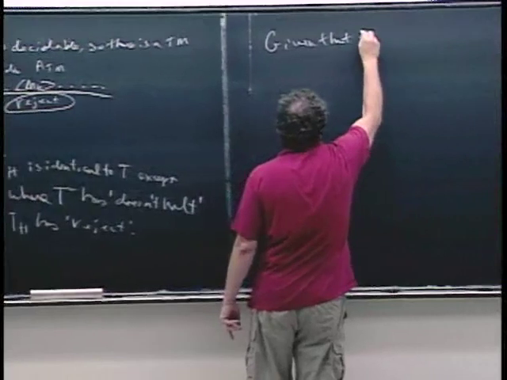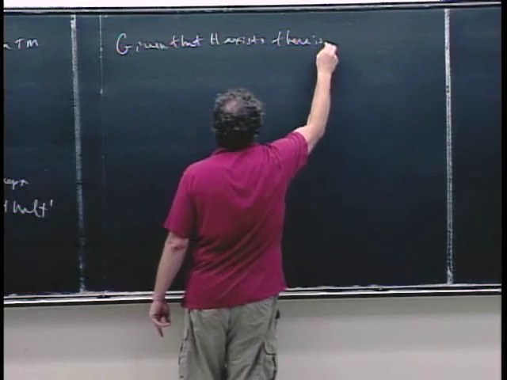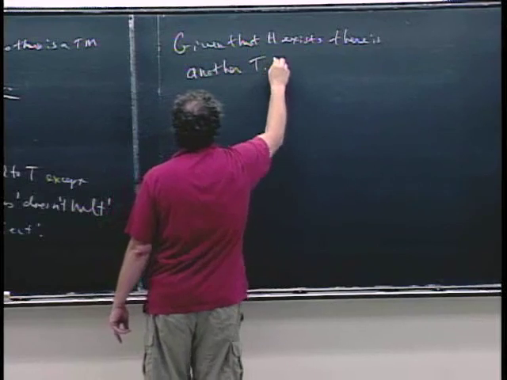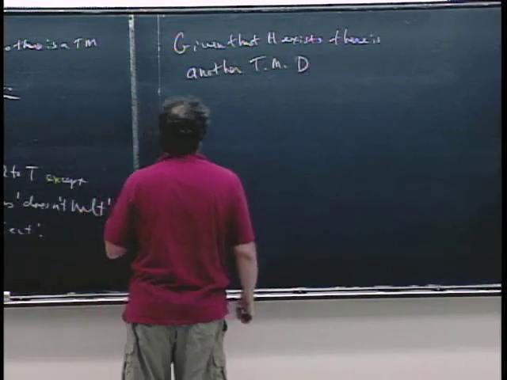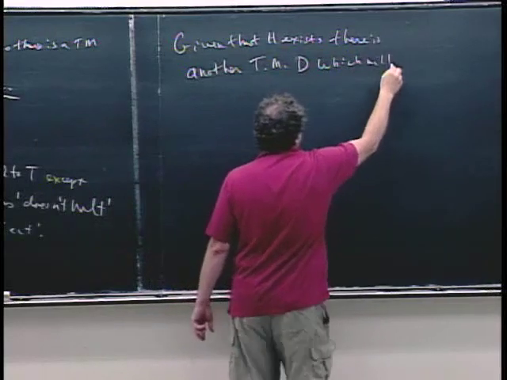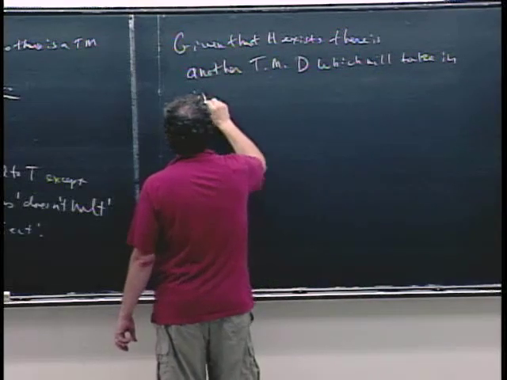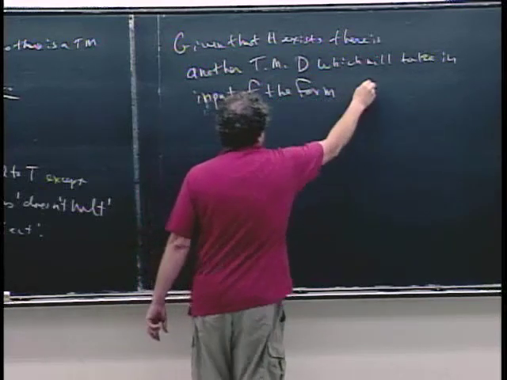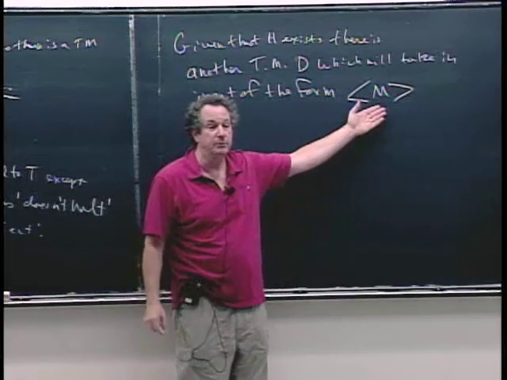Given that H exists, there is another Turing machine, call it D, okay? And D will take in input of the form, oops, it takes in the input of the description of some Turing machine.